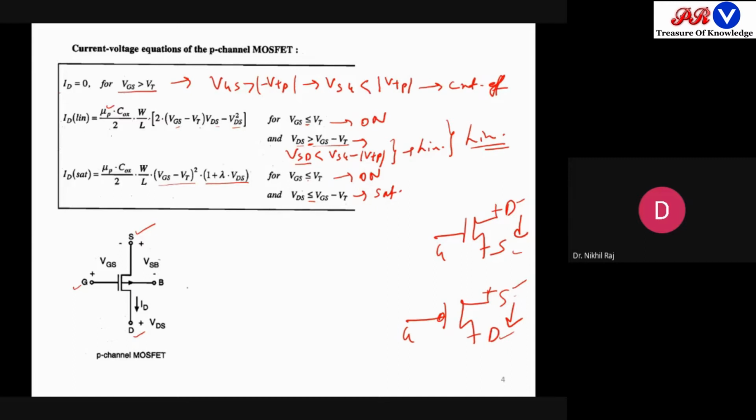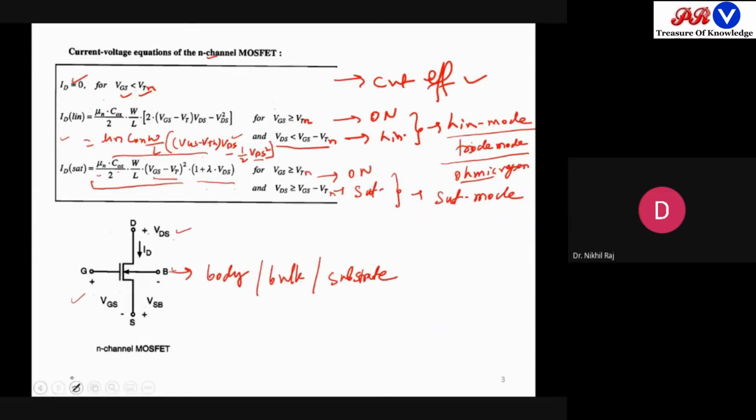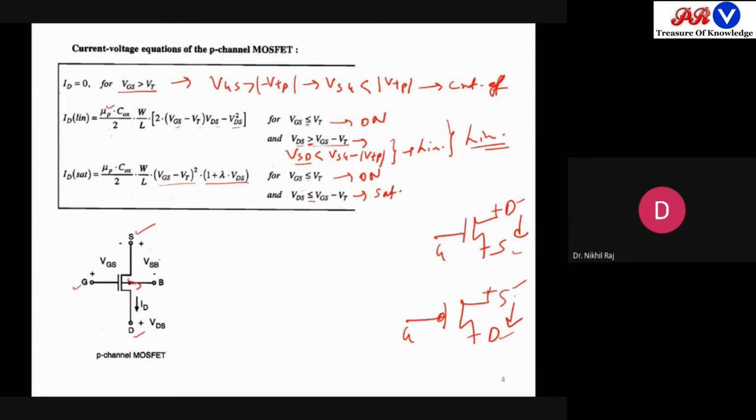In the earlier case where the body terminal was there, the arrow was going inward. So if we rotate anti-clockwise, the arrow will come in the outward direction. So this shows it is an NMOS. In this case, the arrow is going outward, and if we rotate the arrow direction, the arrow is moving like this.